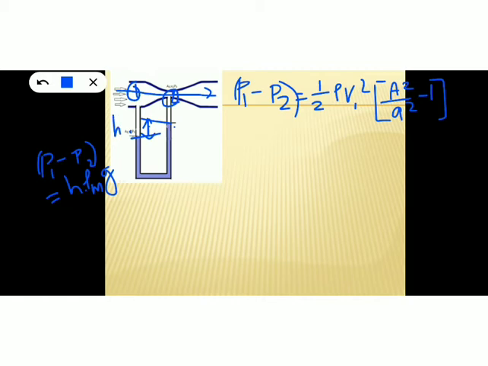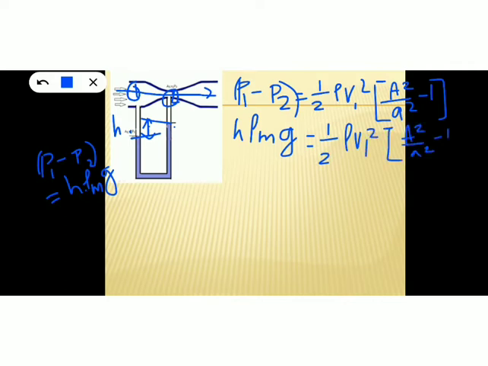Instead of P1 minus P2, substitute H rho m g, where rho m is the density of the manometer liquid, equal to half rho V1 square into A square by small a square minus 1. Now this rho and this rho m are different. Rho is the density of the liquid flowing through the horizontal tube, and rho m is the density of the liquid taken in the manometer.